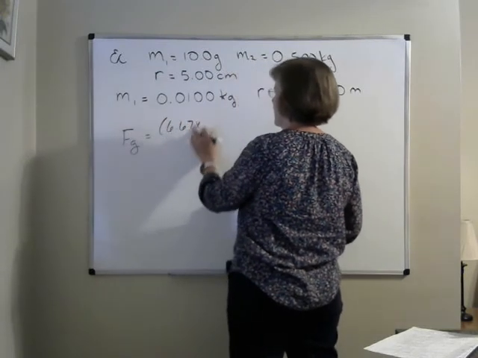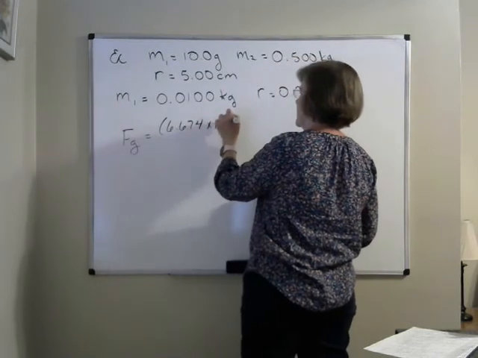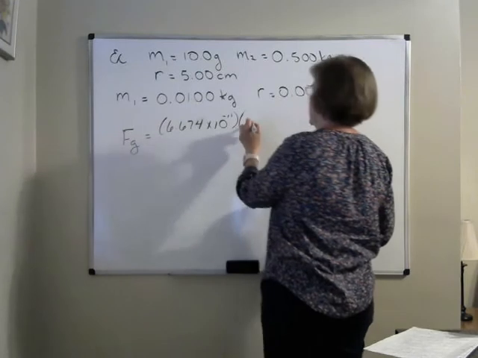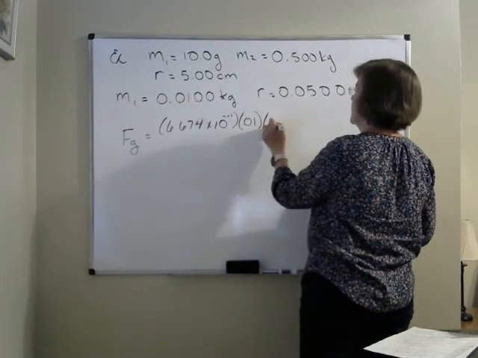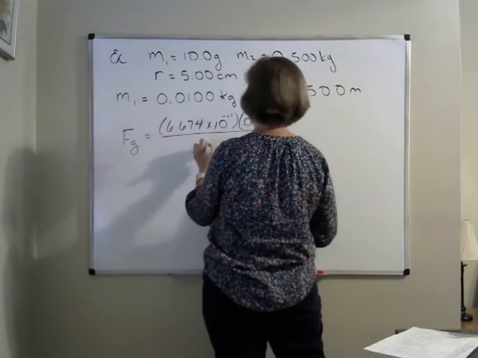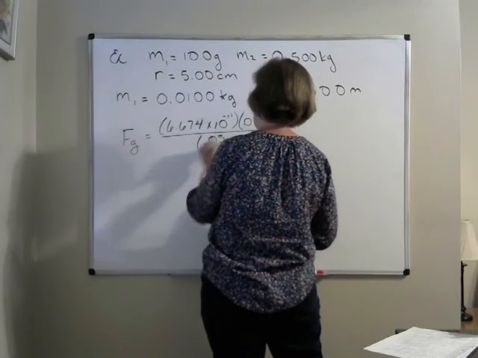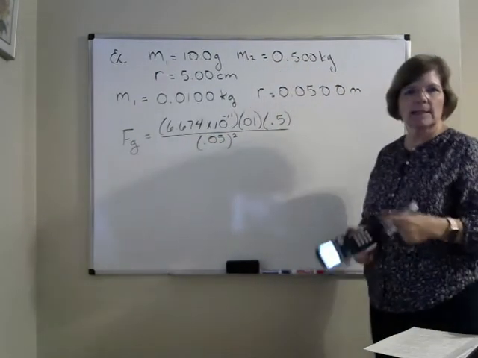So this time I'll write it out one more time. 6.674 times 10 to the negative 11, mass 1, mass 2, over the distance squared. Don't forget to square the distance. It's an inverse square law.